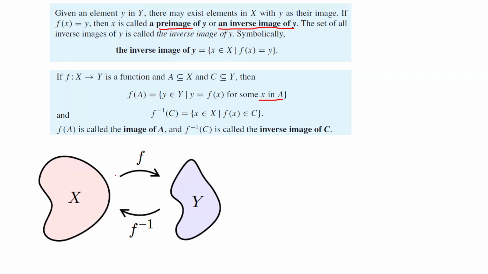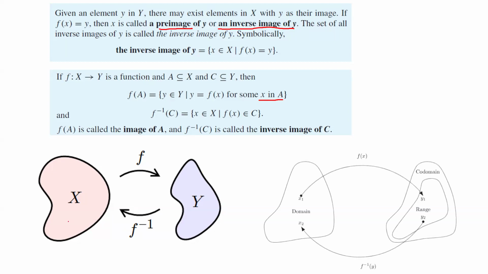So again, function f maps X to Y. The inverse image of f maps Y to X. Basically, function f takes x values and maps them to y values in the range. Range is a subset of the codomain.